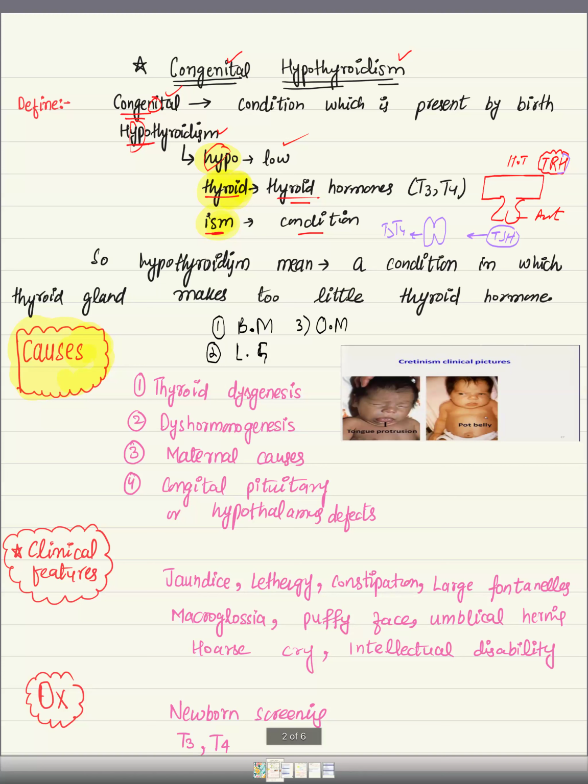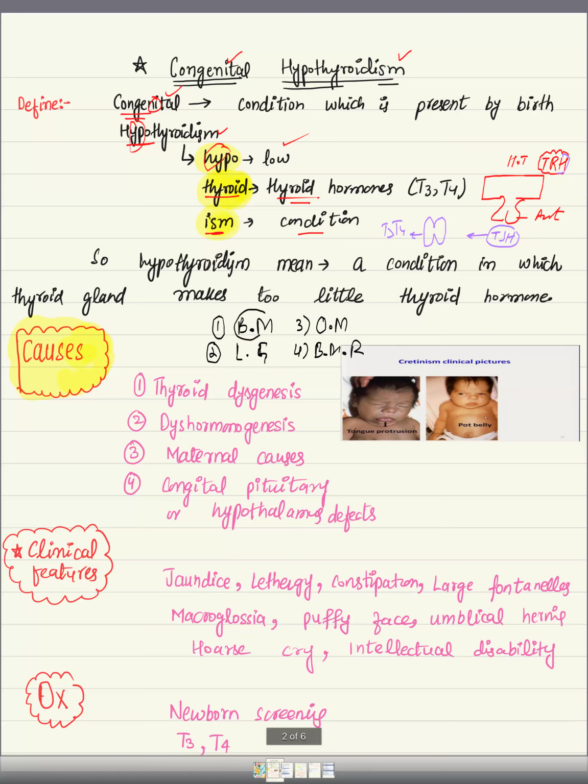Also please remember, there are a lot of functions. It also maintains the basic metabolic rate. So these are some important functions you have to remember. And if the baby does not have T3 and T4, that baby will suffer from delayed brain maturation.